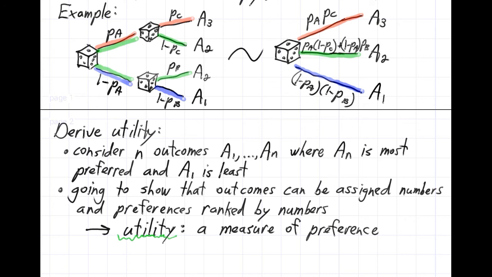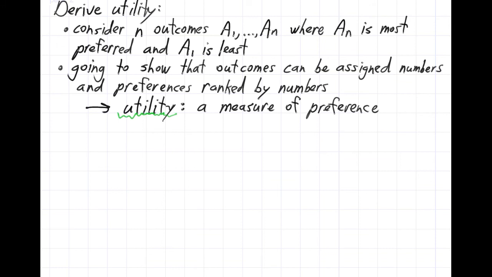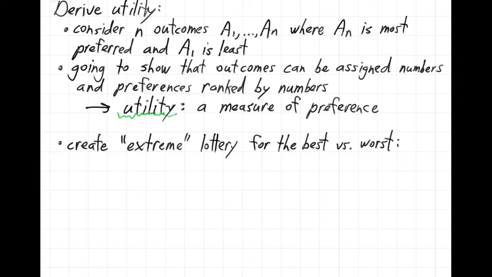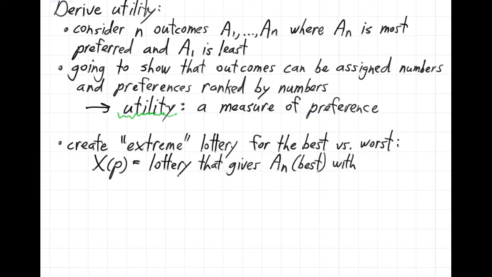Okay, to actually derive the concept of utility, we need to work with lotteries. So let's create something we'll call an extreme lottery. That's a lottery that will pay out the best outcome or the worst. We'll call this X of P. What I mean by that is a lottery that gives outcome AN, our best outcome, with probability P. Otherwise, it pays out outcome A1, the worst possible outcome.